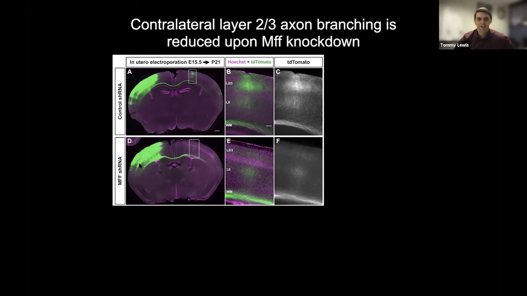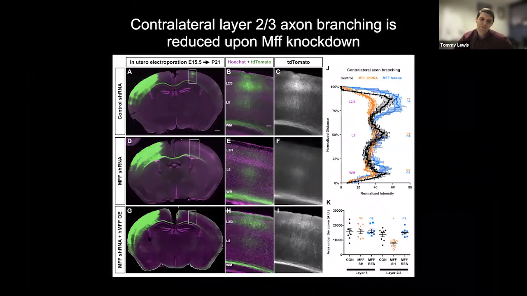side of the brain. But when we knock down MFF, while these neurons still form an axon and they send that axon to the contralateral side, you can even see that it tries to make the connections and invade the upper layers, we get a great reduction in the branching or the stabilization of the connections that occur on the side of the brain.